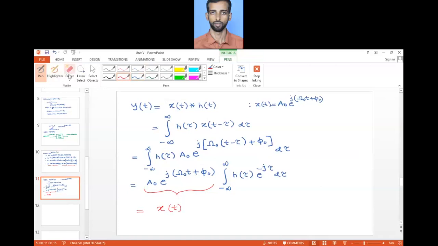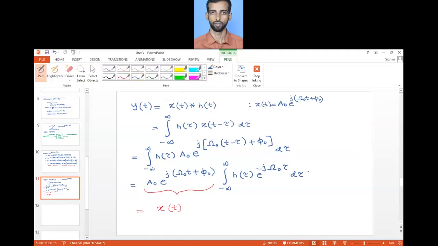I have missed one particular parameter. This is basically minus j omega naught tau d tau.